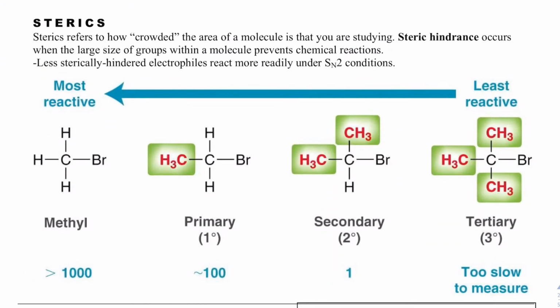Okay, sterics refers to how crowded an area of the molecule is that you are reacting or studying, and steric hindrance specifically refers to how an area is crowded, and this prevents reactivity at that site. So what we need to know is less sterically hindered electrophiles react more readily under SN2 reactions.